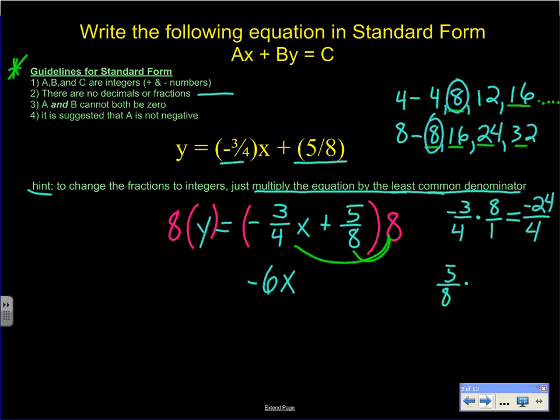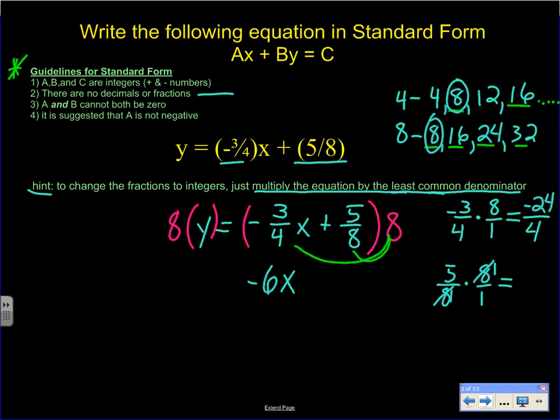We have 5 over 8 now, times 8 over 1. Like I told you before, you can reduce before you multiply, and I'm going to go ahead and do that because 8 goes into 8 once, and 8 goes into 8 once. If you have a number on top and a number on bottom, you can reduce them, you can go ahead and reduce those.